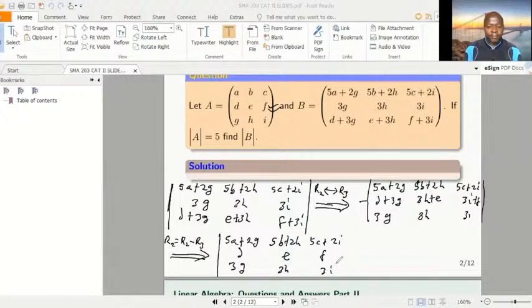So what will be the next step? The next step will be to factor 3 out of row 3. So what you realize is that row 3 has been multiplied by 3. Let's say I have 3G, 3H, 3I. So let me factor out. Let me just create some space here.